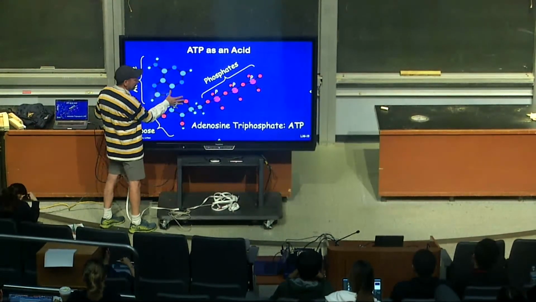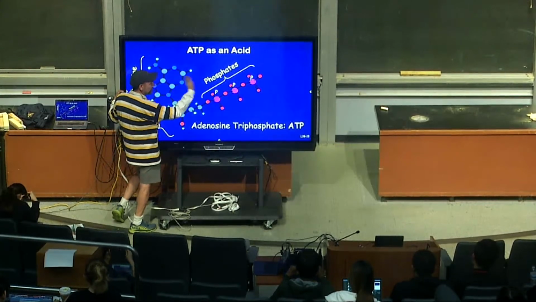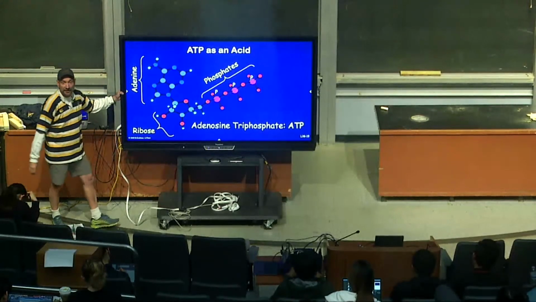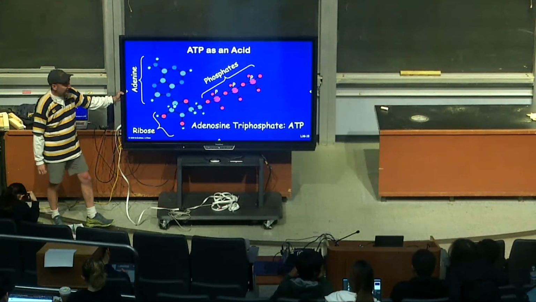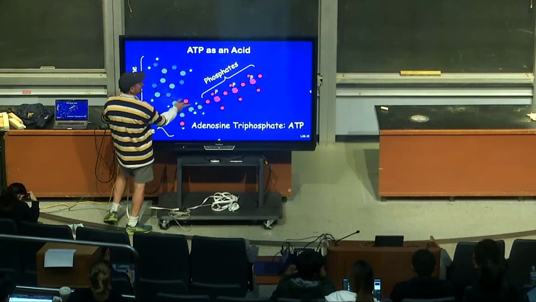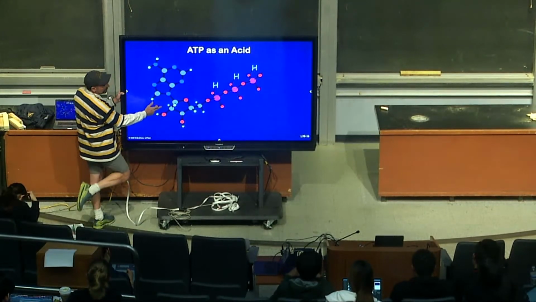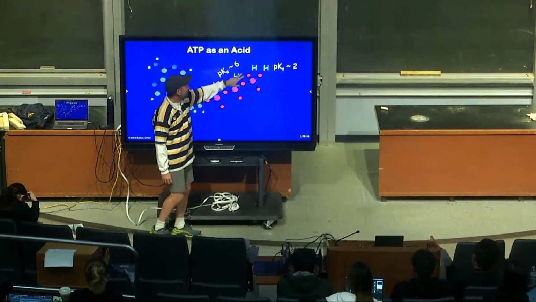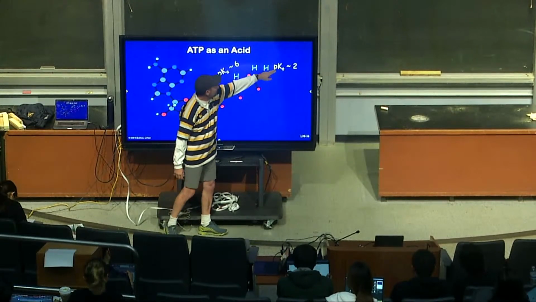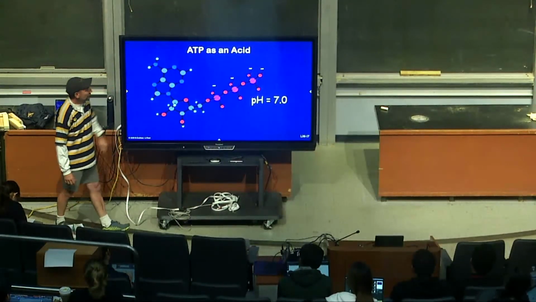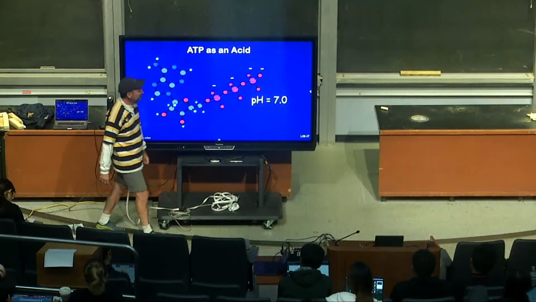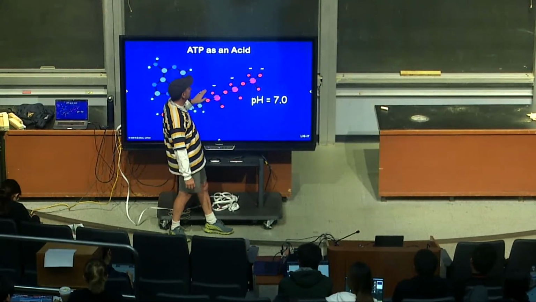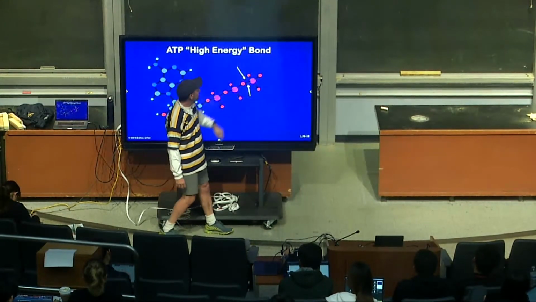So glucose is metabolized, and the metabolic free energy is stored in adenosine triphosphate and moved out of the mitochondria and into wherever it needs to be. But it's a polyprotic acid. The pKa's are around 6 for these and around 2 for that. So you can do the same thing at pH 7. They're mostly all off. That's on the basic side of all those pKa's, pKa 6 and pKa 2.